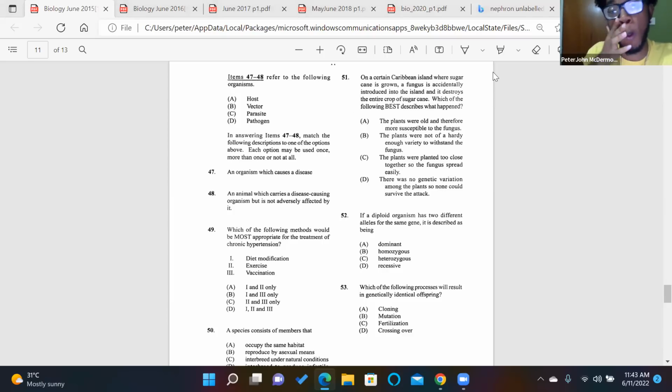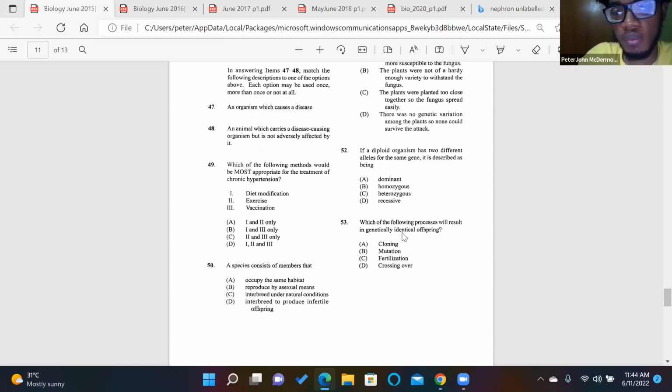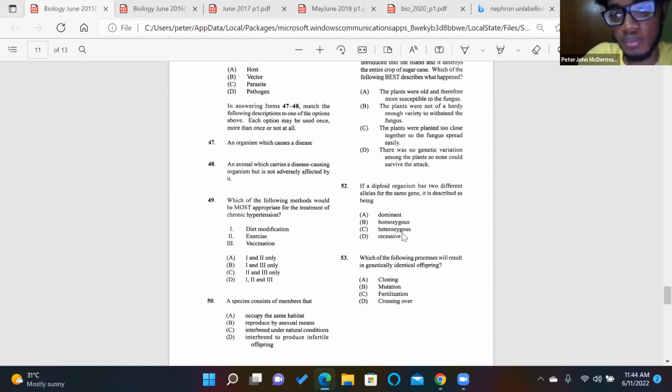But how do you grow sugarcane? I think you grow it from cutting. So yeah, D makes sense to me. Wait, so if it's D, why couldn't it be B?